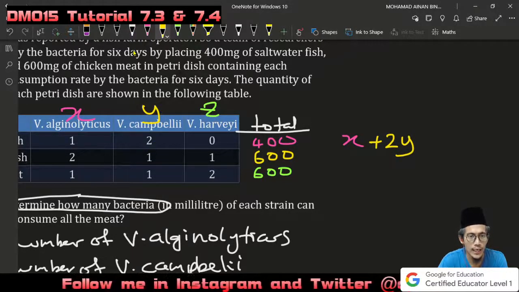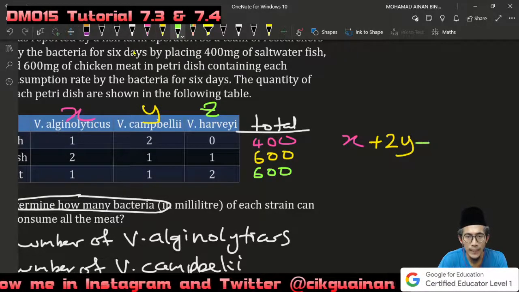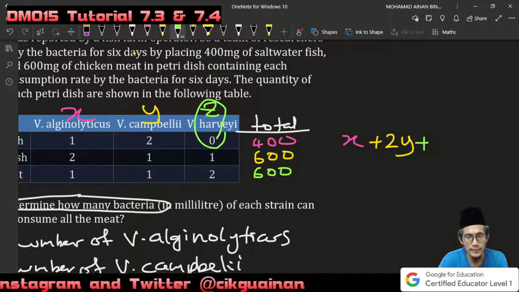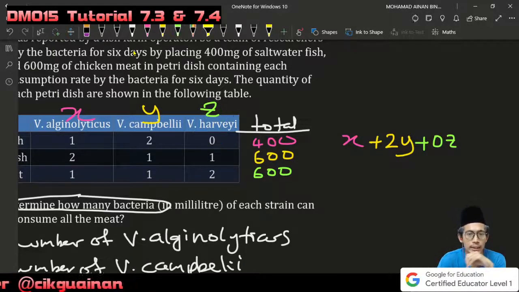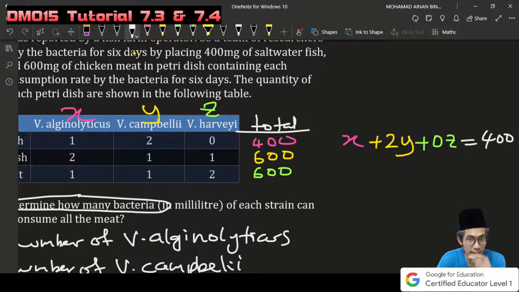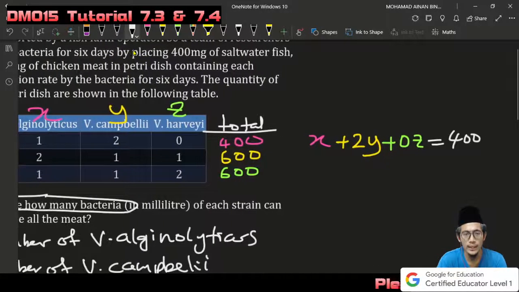Over here. And then plus 0Z. Equal what? Equal 400. I just copy the 400 there.